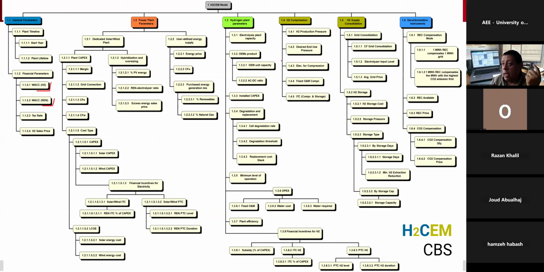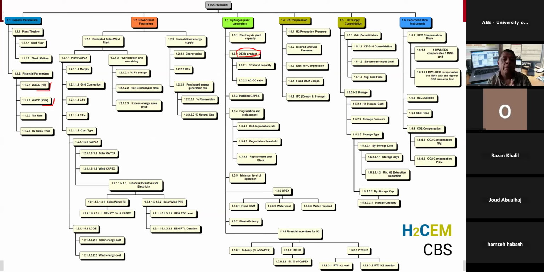So other important, interesting input data is here with the hydrogen plant parameters. We have, for example, OEM's product. OEMs means original equipment manufacturers.